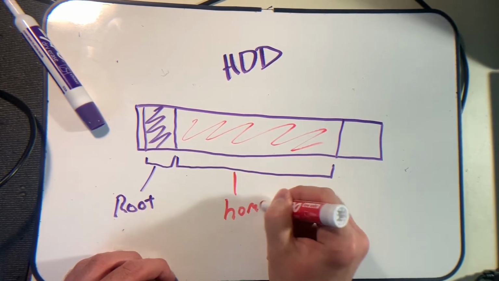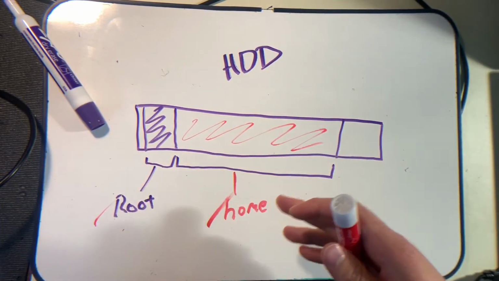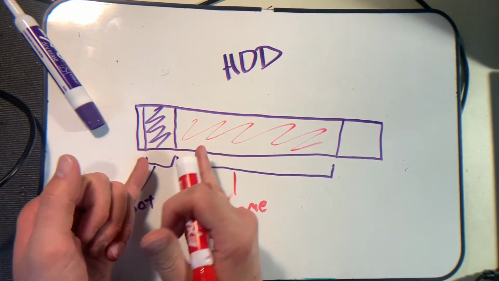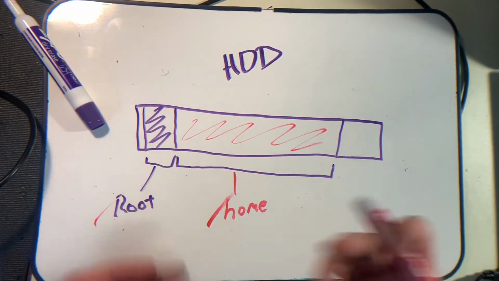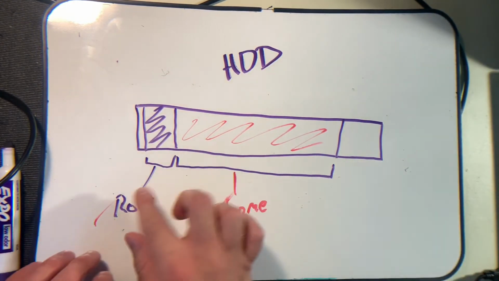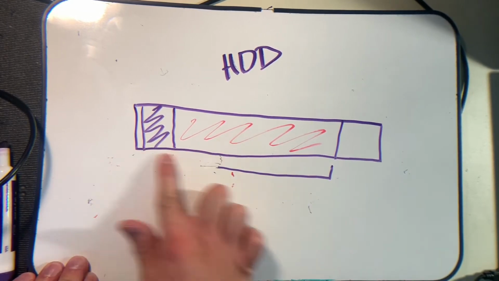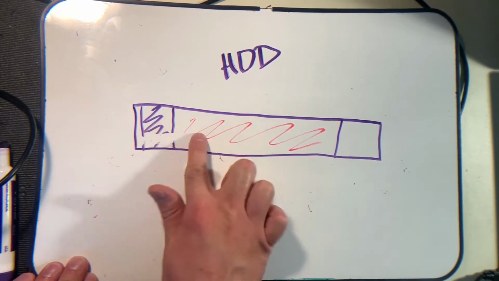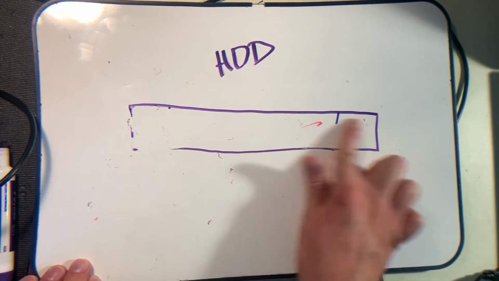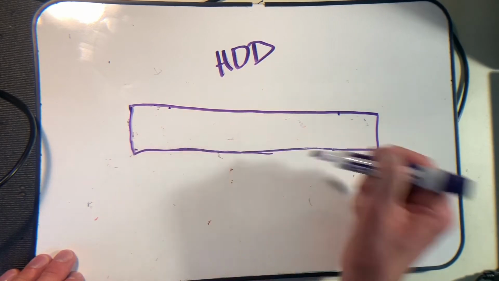So all of your home information for your user account would be on here, but the operating system for Linux or whatever would be stored in this root partition. Now this is entirely arbitrary. There is no real set-in-stone principle behind partitions. Partitions can be almost any size and can be used for all sorts of different purposes.